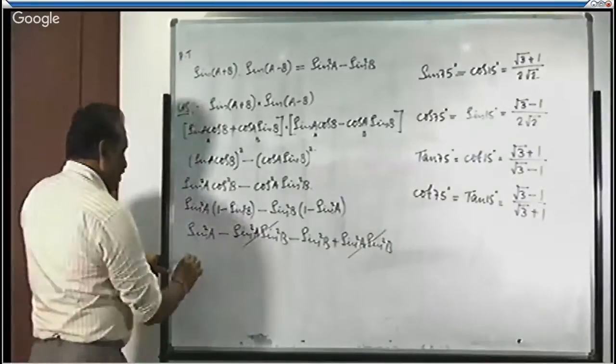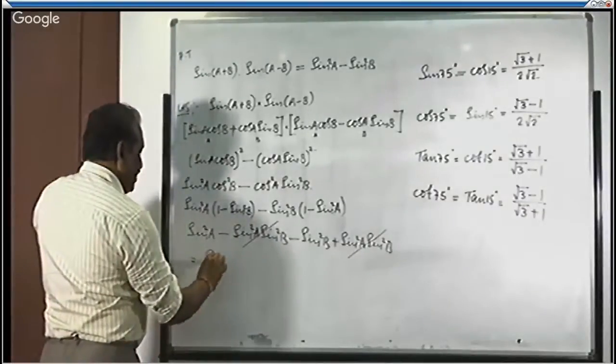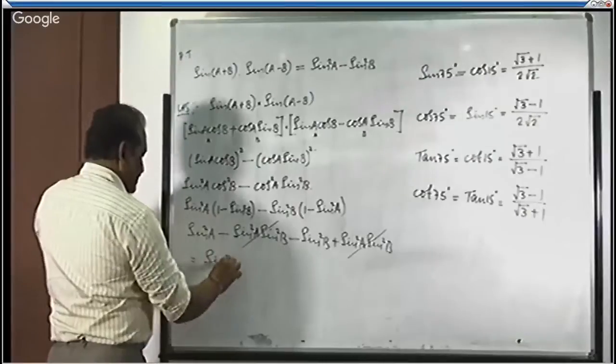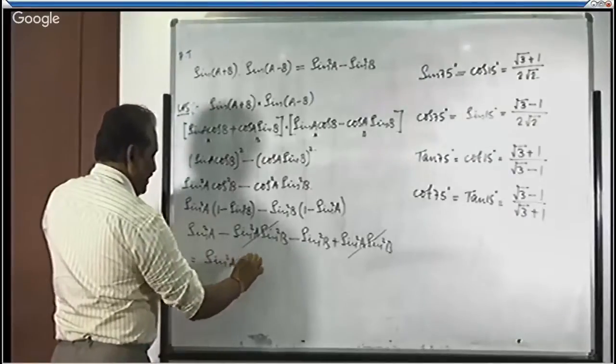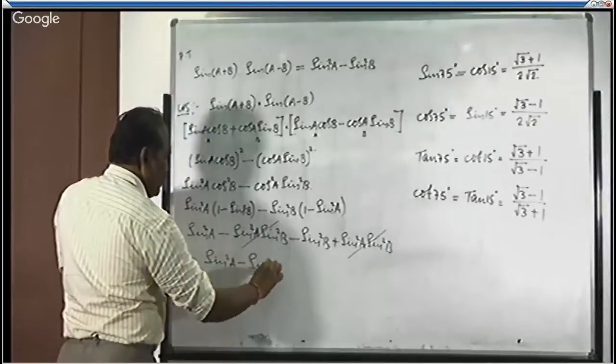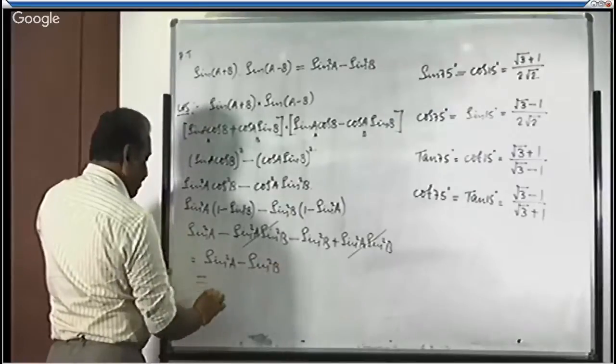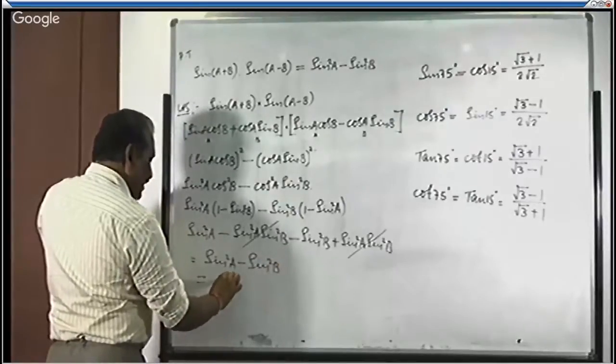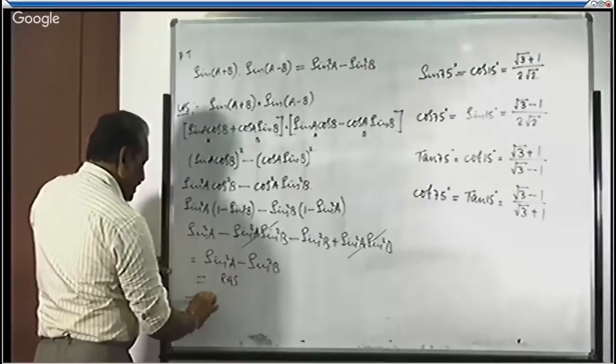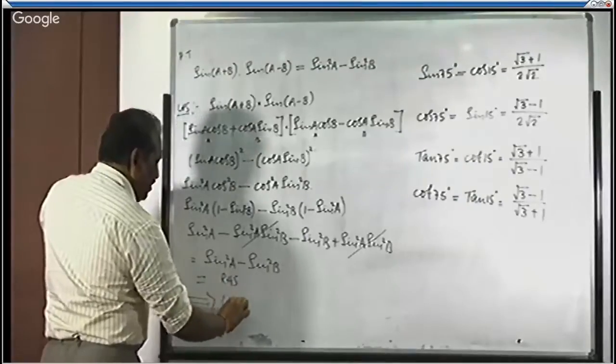So finally the remaining thing on the right hand side is sin square A minus sin square B. So this is itself the required RHS. So this implies LHS is equal to RHS.